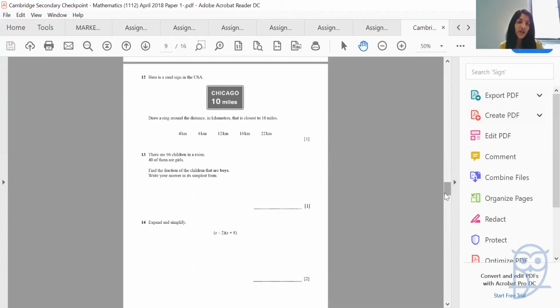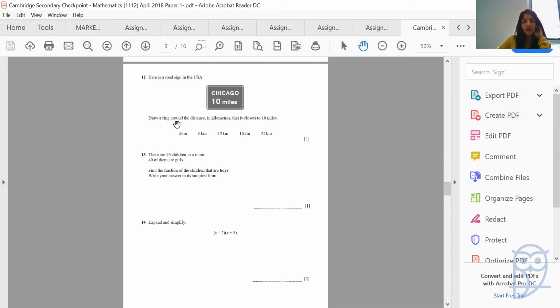Draw a ring around the distance in kilometers that is closest to 10 miles. Now, how do we work out that? Firstly, we need to know what's the conversion between miles and kilometers. For every mile, we get 1.609 kilometers. That's the conversion.